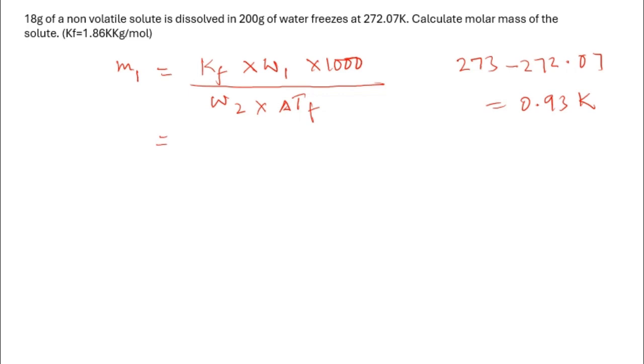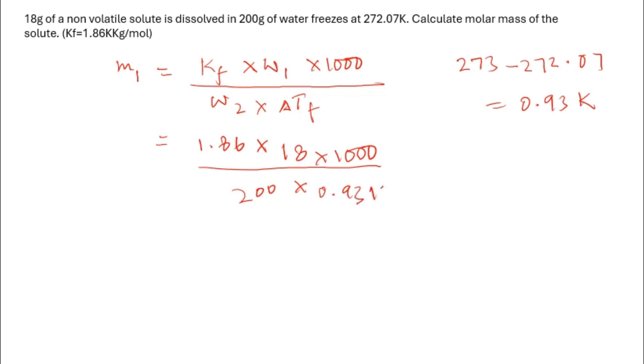Kf is given 1.86. W1 is given, 18 gram of non-volatile solute, multiplied by 1000, divided by W2, 200 gram of water, and delta Tf is 0.93 Kelvin.